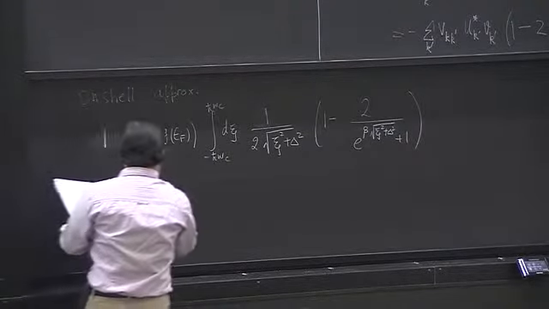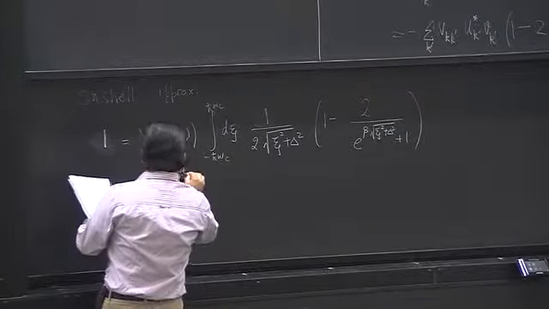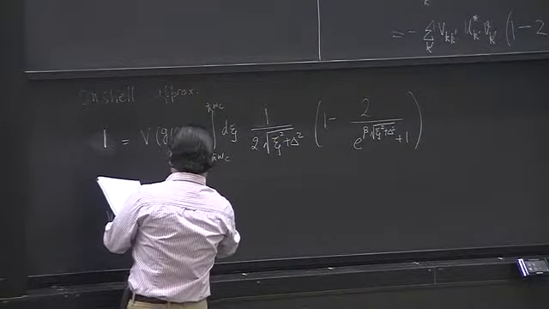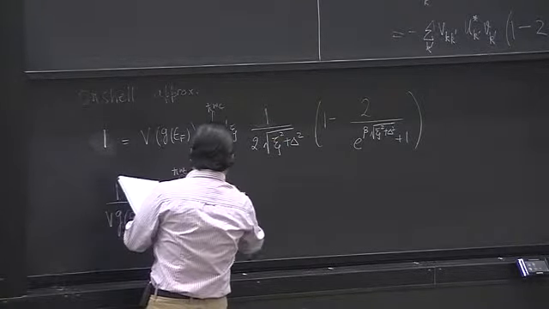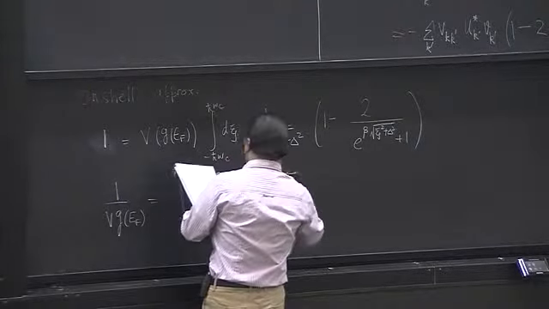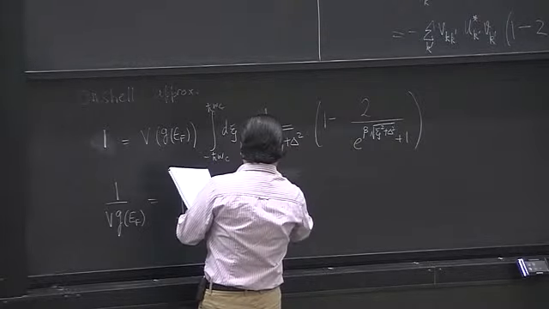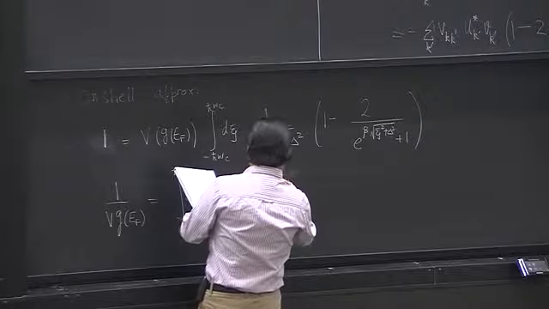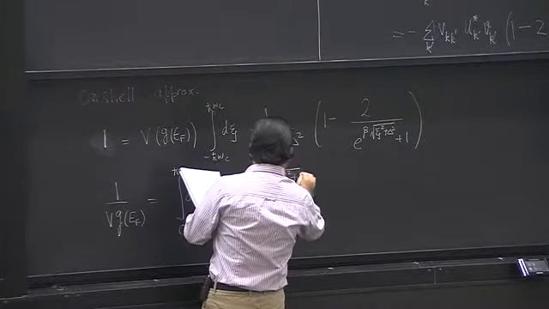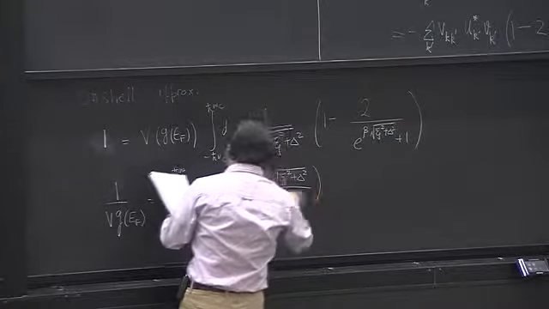Now for this equation, use some tricks of the exponential function. You can write this as tangent hyperbolic of beta E by 2.